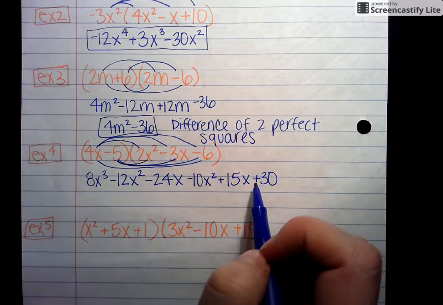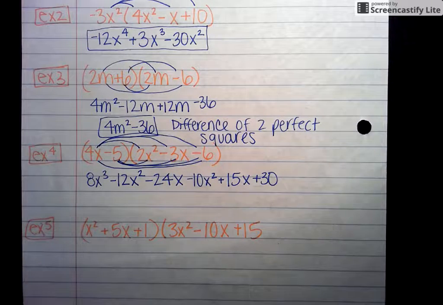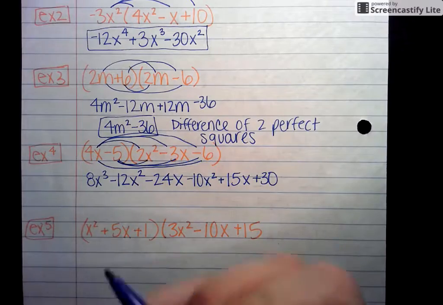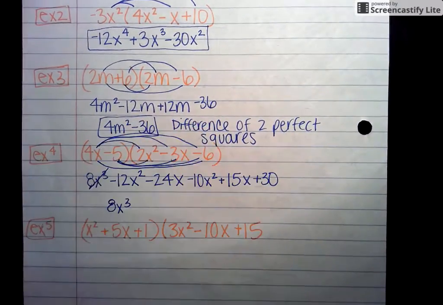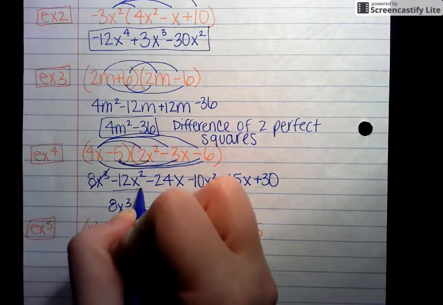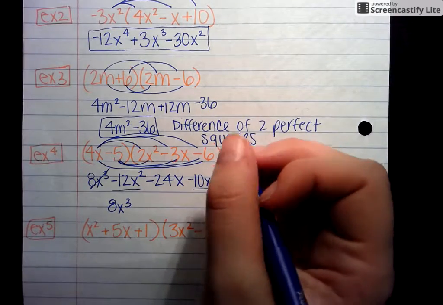So now you have this answer, but you have to combine like terms. When you combine like terms, you just add or subtract the coefficient and keep the base with the exponent the same. In this case, I want to put it in standard form also. So 8x to the 3rd would go first, so I can cross that out. Now I have a -12x squared and a -10x squared, so these are like terms.